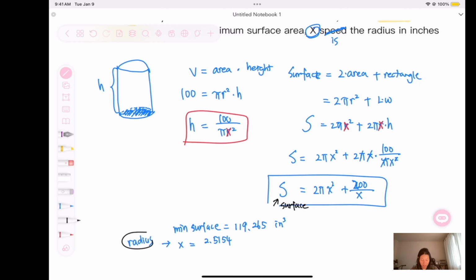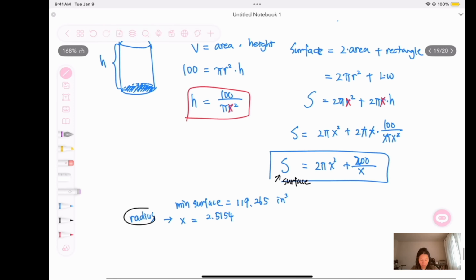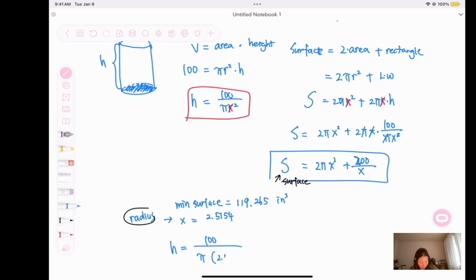We haven't found the height yet. But the height is in our first step, so we can substitute the number to find the height. The height is equal to 100 over pi times 2.5154 squared. Then you just calculate it in decimals to find the height.